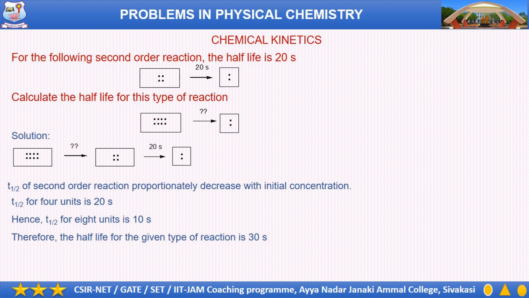The initial concentration increases 2 times in a second order reaction. According to the equation, as the concentration increases, the T half is reduced proportionately. Here 2 times increase. Therefore, what is the value of T half of this one? Anybody?